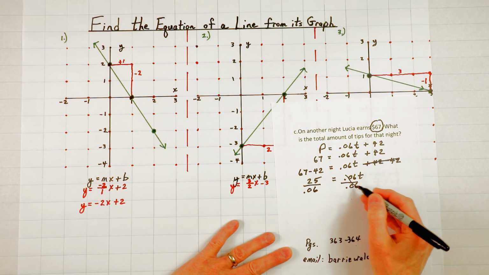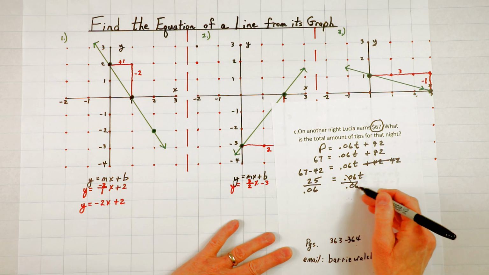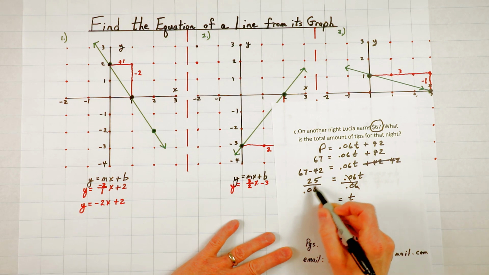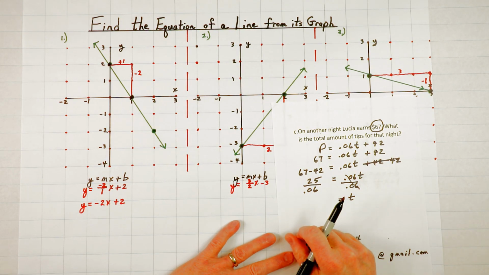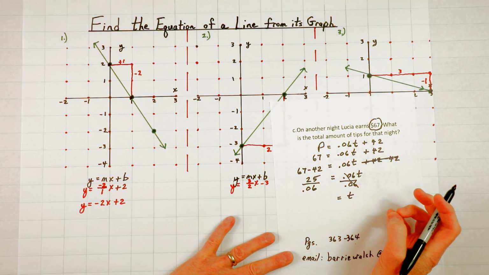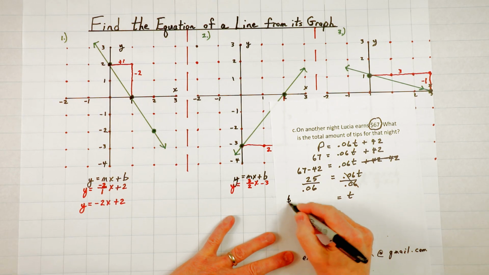These cancel out over here. That's what we say. And 0.6 divided by 0.6 is 1t, or just t. And 25 divided by 0.6 works out to be a decimal. Lots of questions work out to be decimals. They don't always work out to be nice round numbers, so it's a good thing to get used to that.